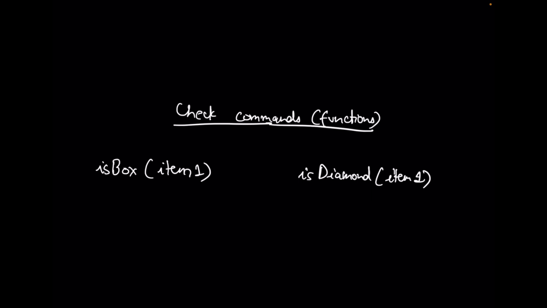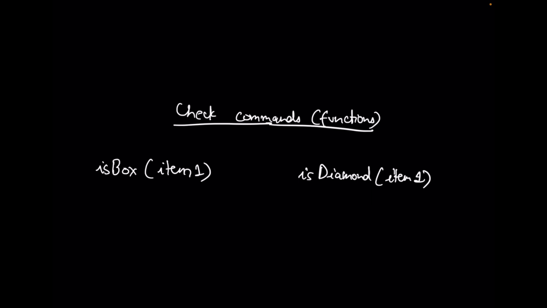It can't be anything else, because that's how your friends have made this, that either you open the gift and you find another gift parcel inside, or what you find is the actual gift, which is the diamond, right? So your robot also has this functionality which you can call using these functions, isBox and isDiamond.